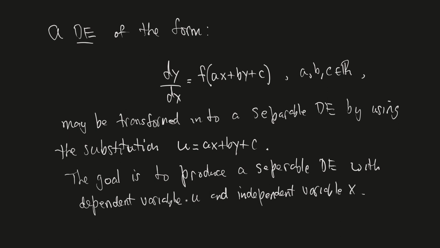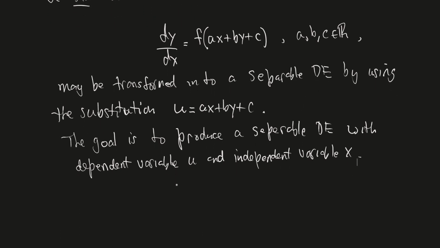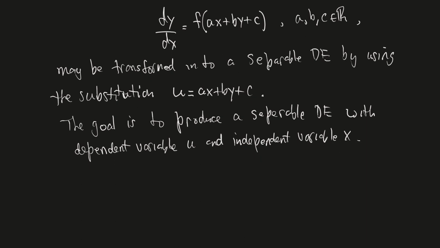It's like we're changing over from a y unknown to a u unknown, but in the u form we will be able to apply our separation of variables methods. So how does it work? Well, it's best to see it in action. So let's do a couple of examples.